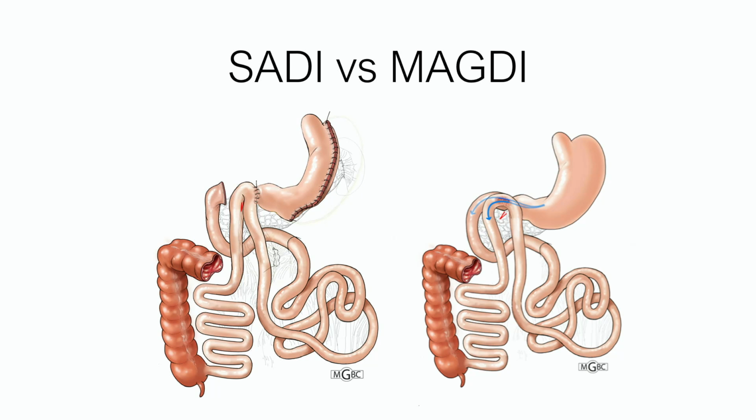It's different from a single anastomosis duodenal ileostomy because there, all the food goes through the ileal loop and the duodenum is closed. Here, we are providing access to the natural duodenum. It provides absorption of minerals and vitamin B and C complex, and it's easily reversible if the patient has a problem or you don't like the anastomosis.